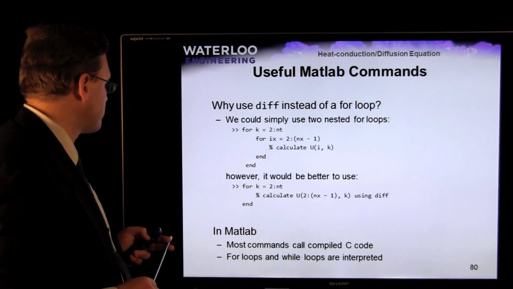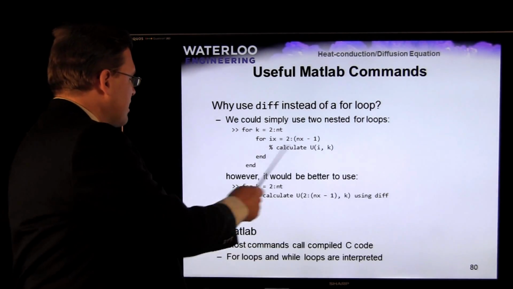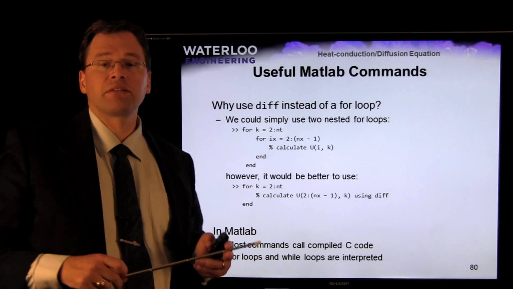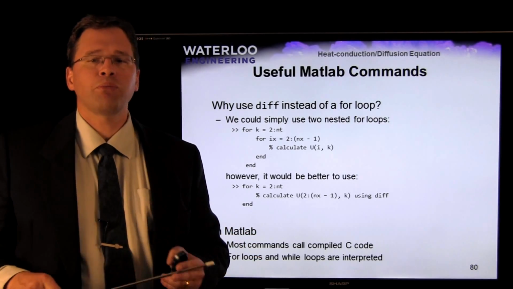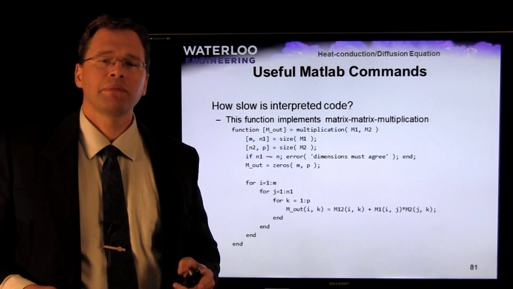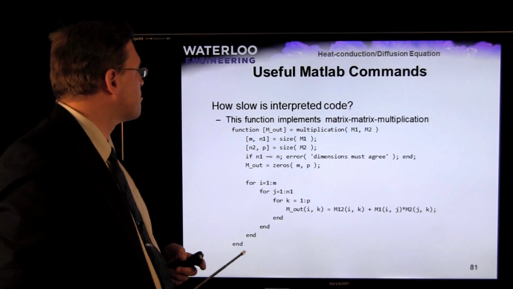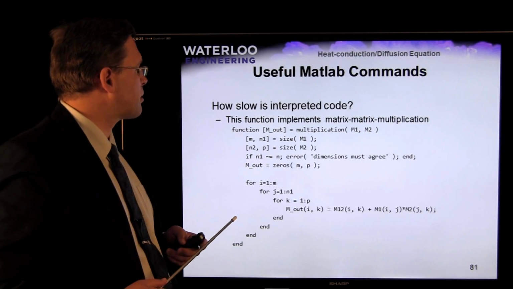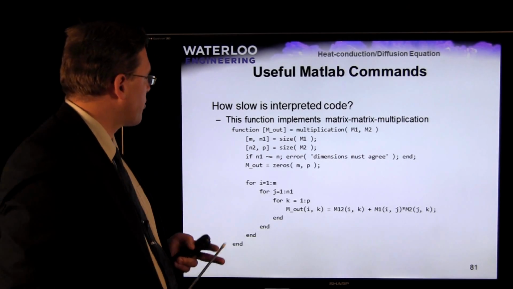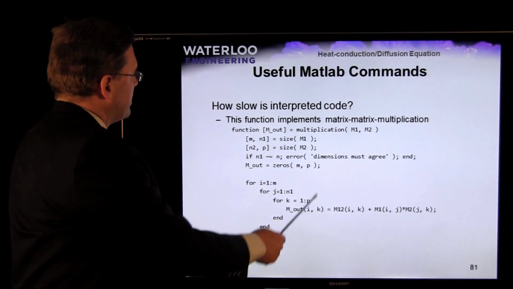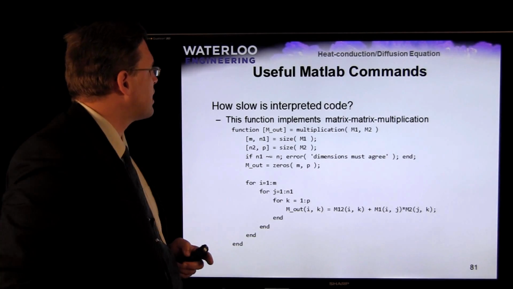In MATLAB, the reason we want to use the second format is because most commands are compiled C code, whereas any explicit for loop or while loop is going to be interpreted. For example, here is my implementation of matrix-matrix multiplication. It's about as good as you can get, checks all the error conditions, creates an output matrix, and assigns those entries.